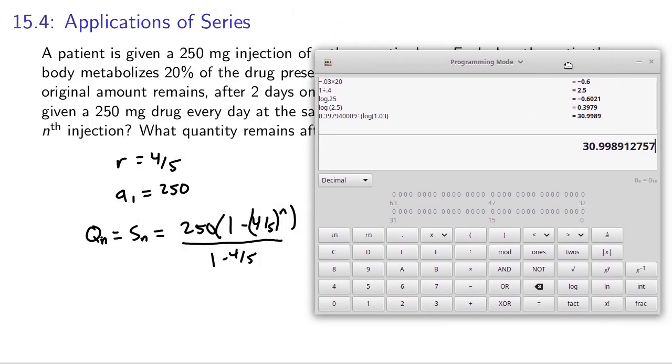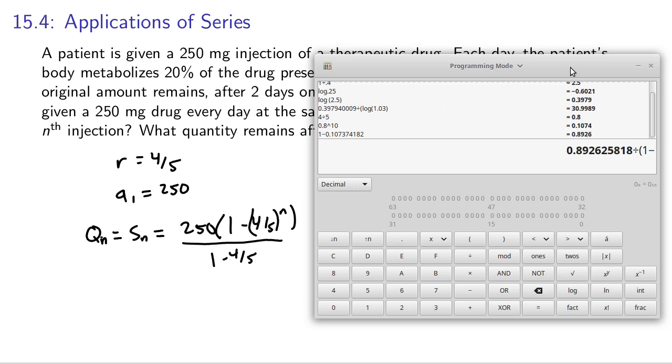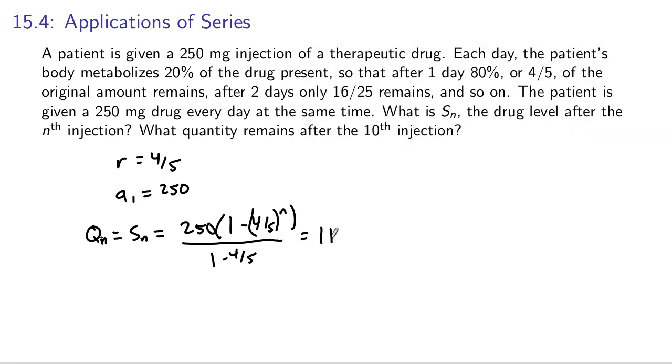Well, we could take n is 10, 4/5 to the 10th power. 1 minus that is 0.892, divided by 1 minus 4/5 is 0.8. 4.46 times 250 gives us 1,115.78 milligrams is present.